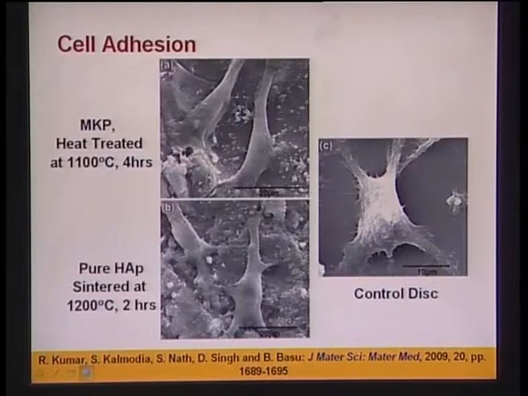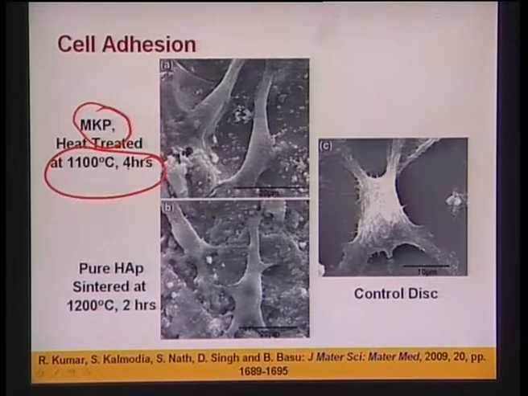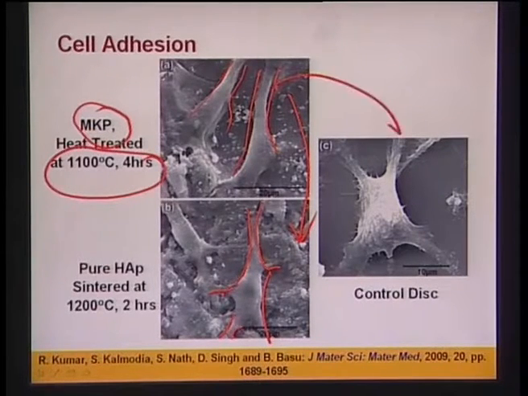Now, this cell adhesion property, what you are seeing here, you can clearly see that this MKP, that is magnesium potassium phosphate, which is heat treated at 1100 degrees Celsius for 4 hours. These are L929 cells, and you can see the filopodia extension very clearly in this material. If you compare with the pure hydroxyapatite also, the filopodia extension and the cell adhesion property is quite similar, very much comparable with the control disc.